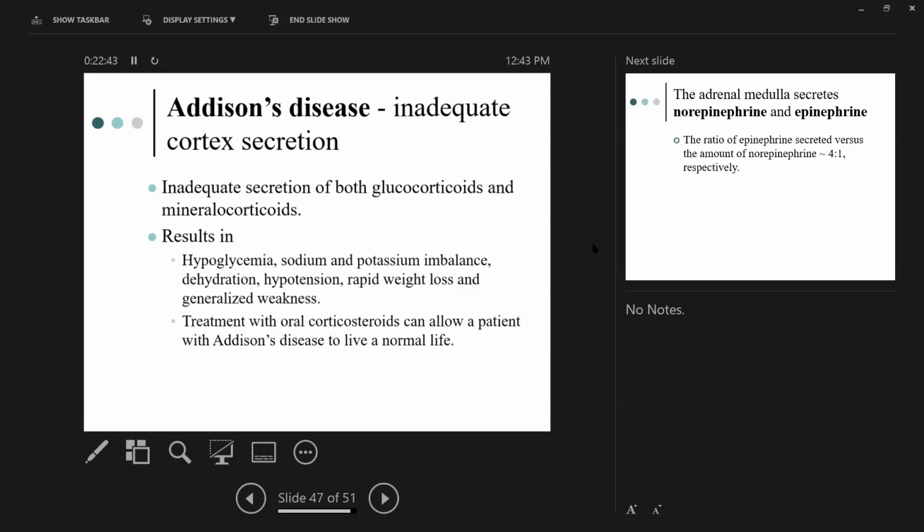They are going to increase the expression of the sodium-potassium ion pump on the basolateral side of those cells.